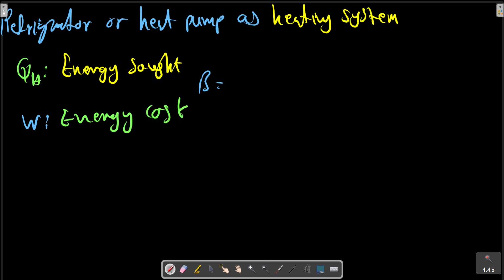So the COP for this case is QH over QH minus QL, and is shown with beta prime.